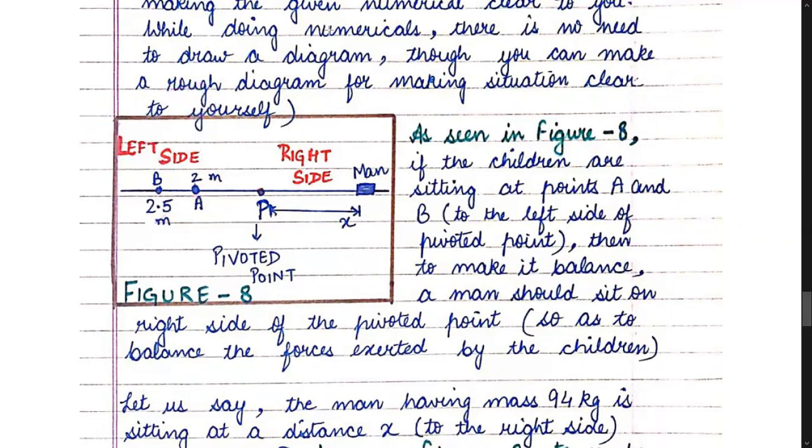So, the man will be sitting on the other side of the pivoted point, and let him be sitting at a distance of x from the pivoted point.